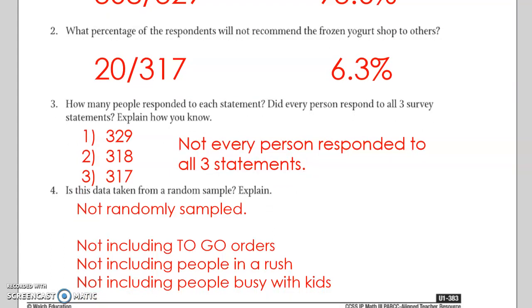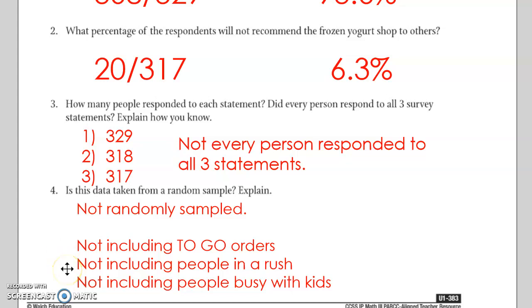If you look at part 4 to this warm-up problem, here are a few ways you could answer it. This really is not a random sample because, for instance, we're not taking into consideration some people that did Uber drive, like now they're getting their food to go.